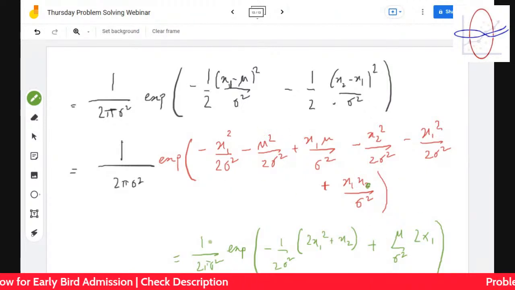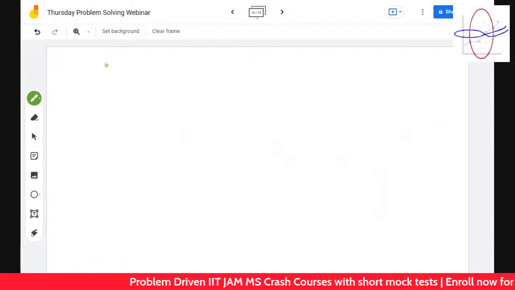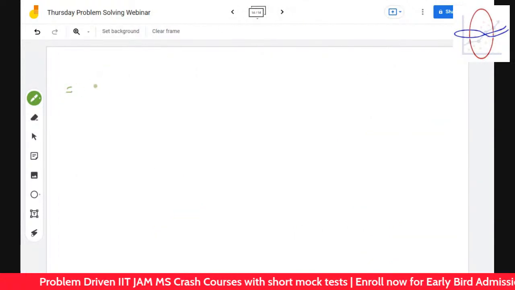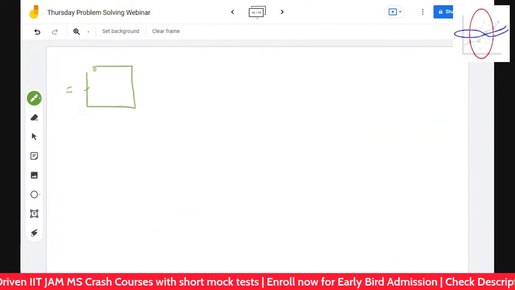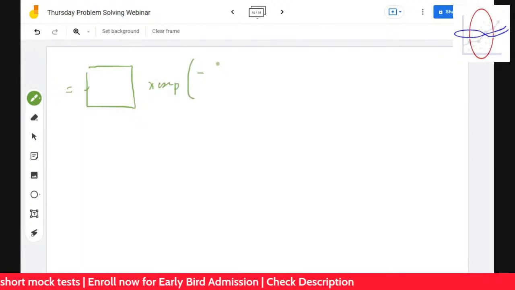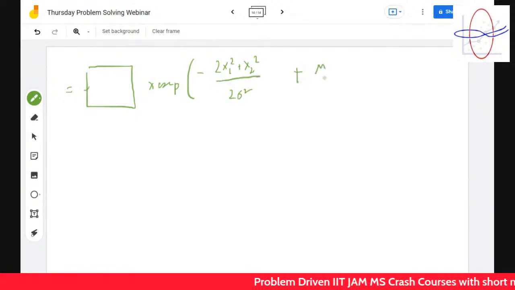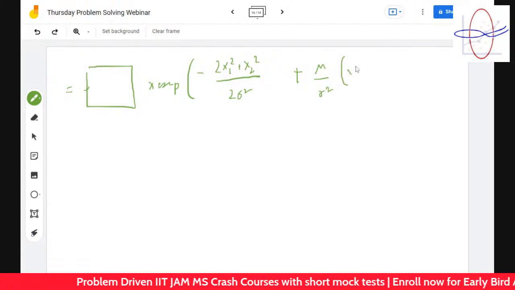Another parameter part gets outside: exponential minus mu square by twice sigma square. So the function is this parameter function times exponential minus twice x1 square plus x2 square by twice sigma square, plus mu by sigma square x1, only x1, I guess.